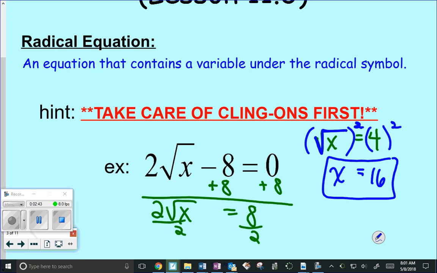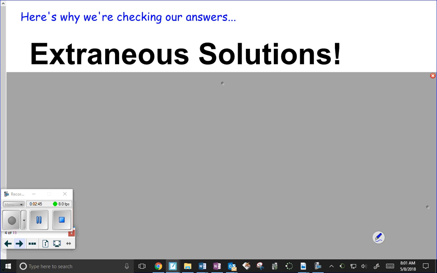You've got to be careful when you do radicals. You've got to check for extraneous solutions. Do you remember what extraneous solutions are? We've had them in the past. They look like solutions when you solve, but then when you plug it back into the original equation, it doesn't work.